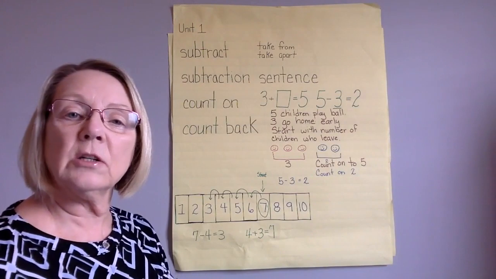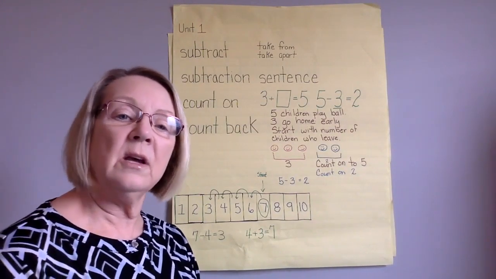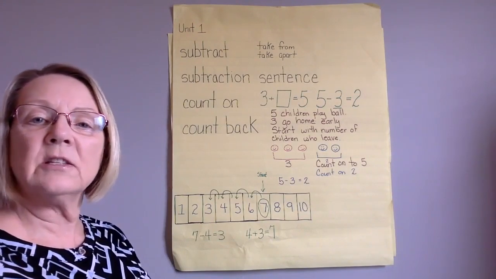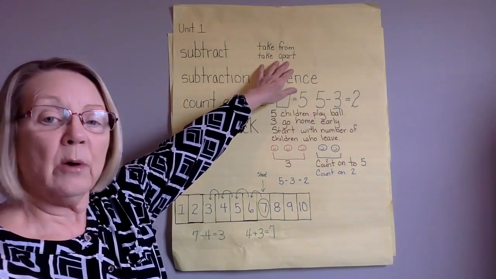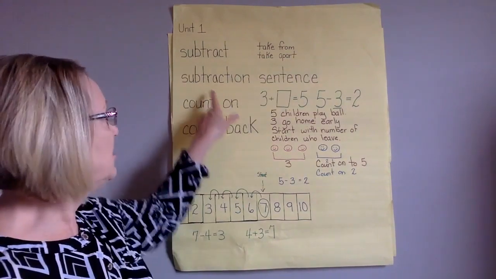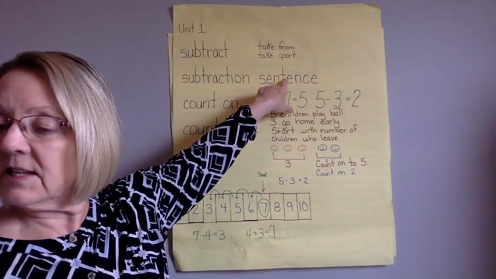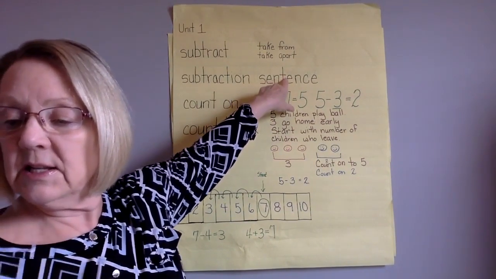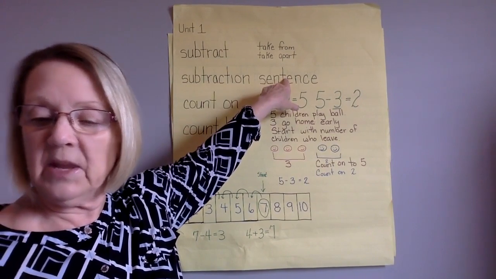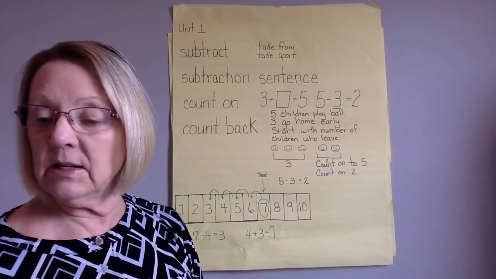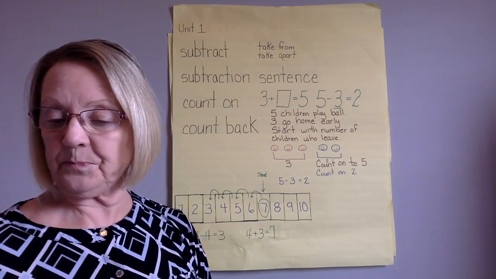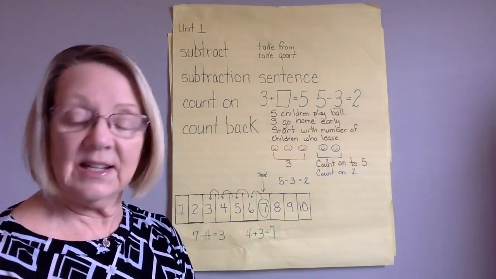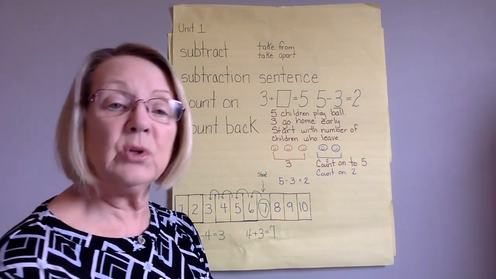Okay, and we're going to talk a little bit about subtraction before we move on to modeling our problem. Subtract means to take from or take apart, and a subtraction sentence is a sentence where one number is subtracted from another number, with symbols and numbers.